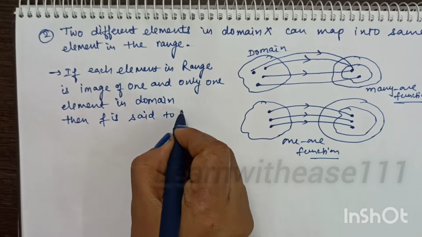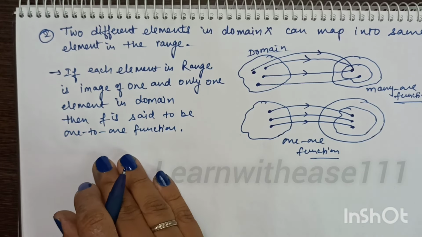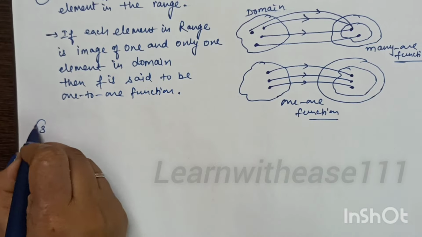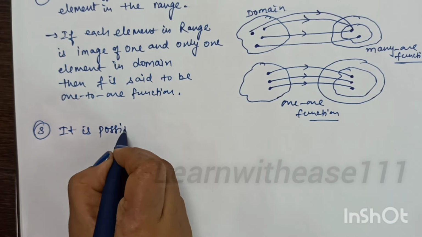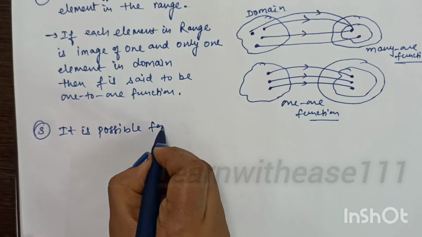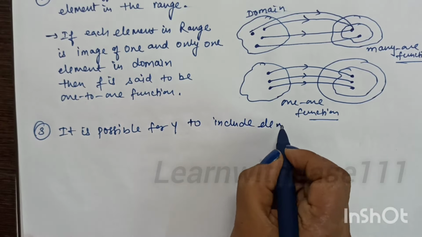Then f will be a one-to-one function, meaning every one element is connected with one element. See, the reverse cannot even be possible. You cannot think of the reverse, meaning more than one element in Y can't have the same pre-image in X, right? So this also you should remember.